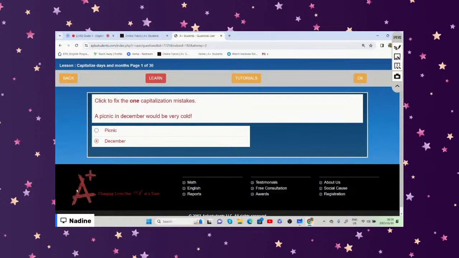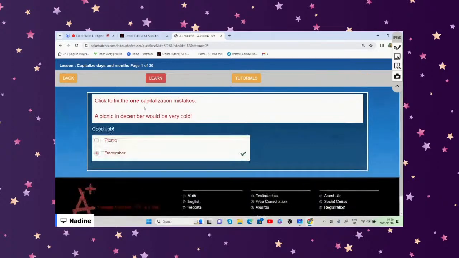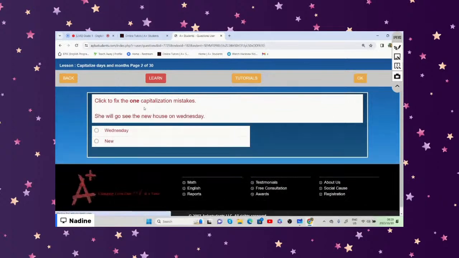So we basically select those capitalization mistakes. She will go see the new house on Wednesday. She will go and see the new house on Wednesday.